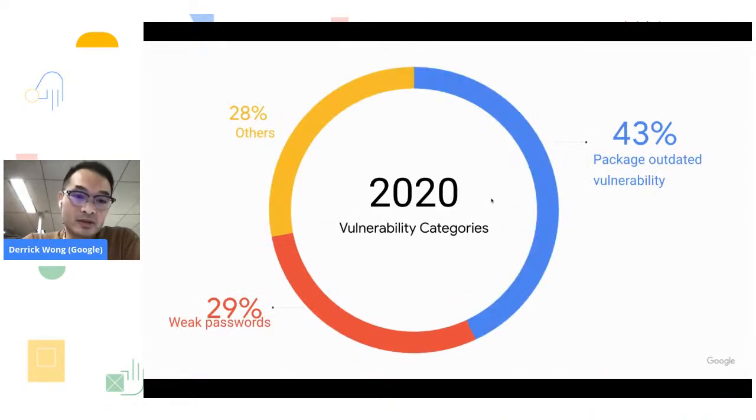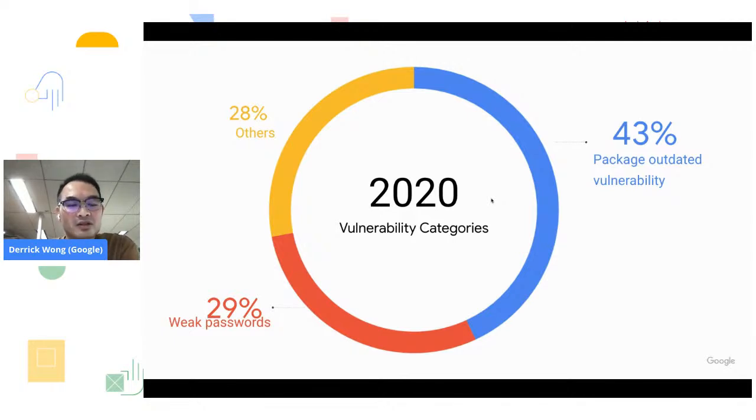And then in 2020, in terms of the vulnerability, 43% of the vulnerability is actually from the outdated package. That's the majority part. And about one third is based on the weak password.